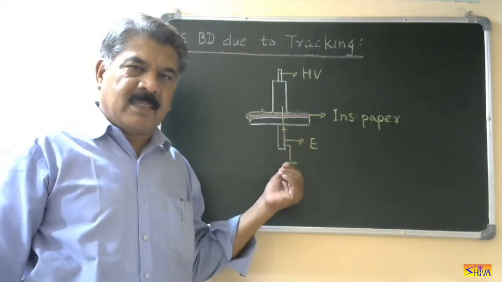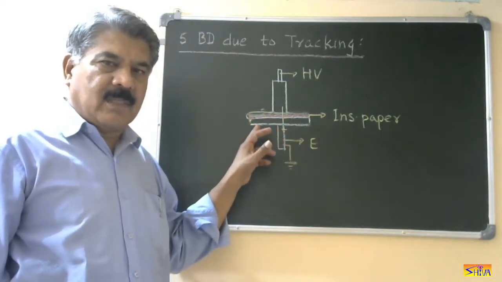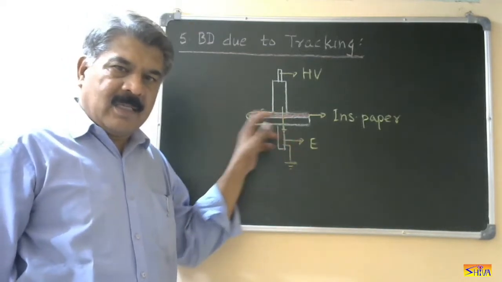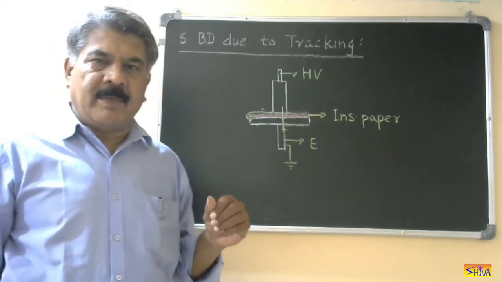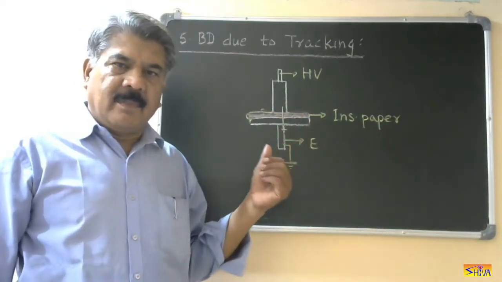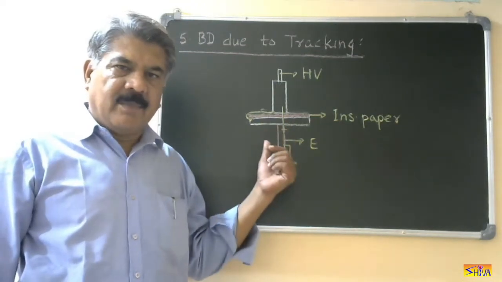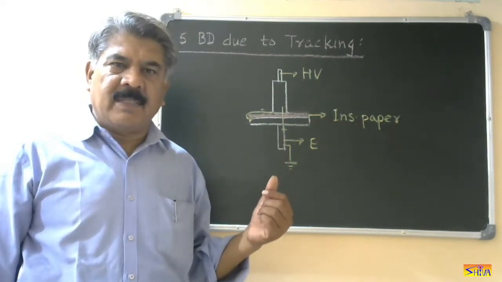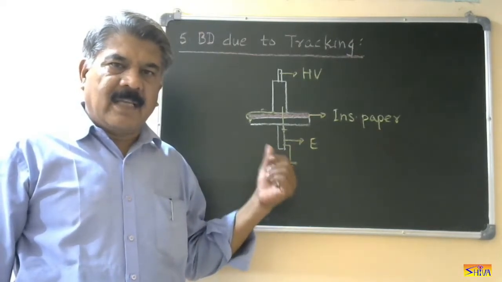When this discharge occurs, we can observe a track on the surface of the insulation paper. On this track, the dielectric strength of the insulation paper reduces. If this phenomenon is repeated, finally a breakdown occurs at the point on the track where the insulation paper is weak. So this is about tracking breakdown.